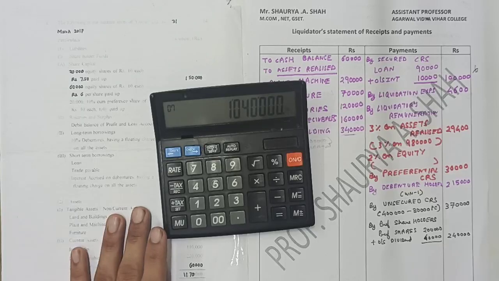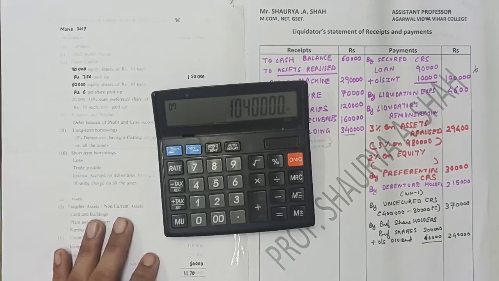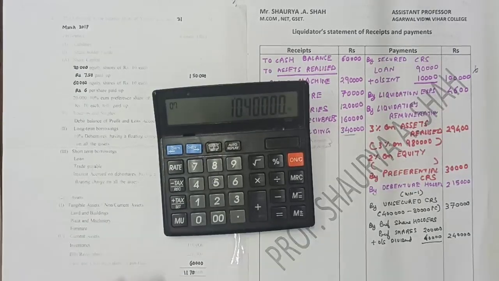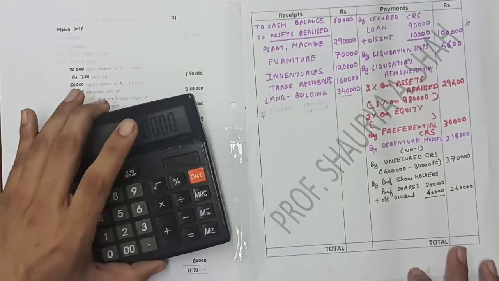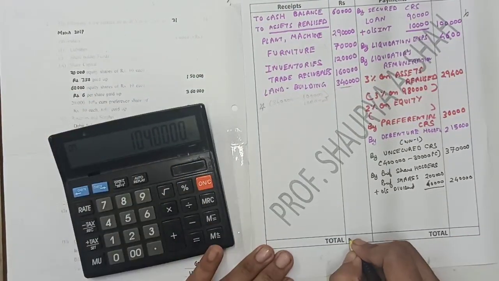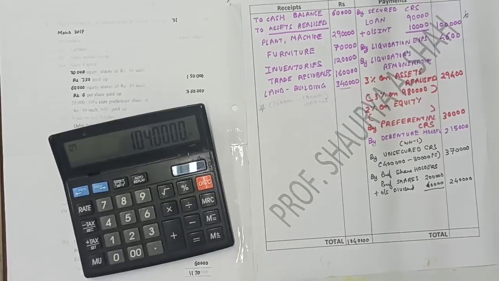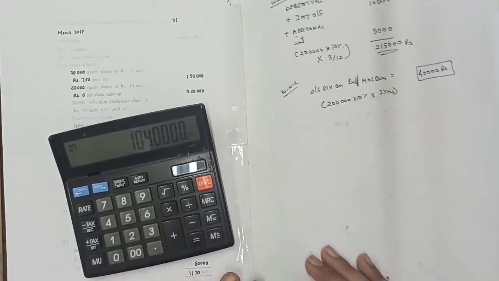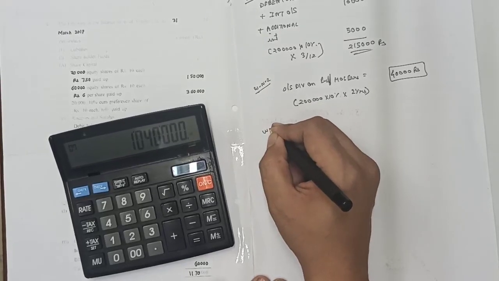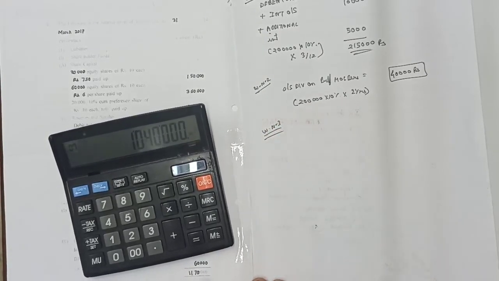So my total of receipt side comes to 10,40,000 students, right? So what I'll do is I'll write down first the total of your receipt side, 10,40,000. Fine. So always when you do the total, come to the working for finding out the deficiency, right?